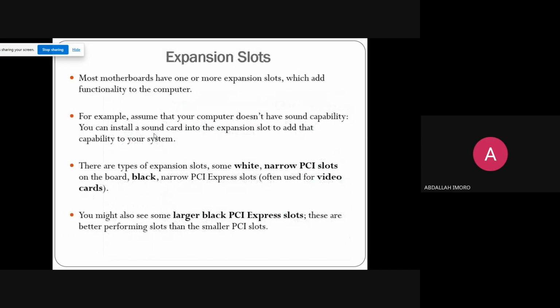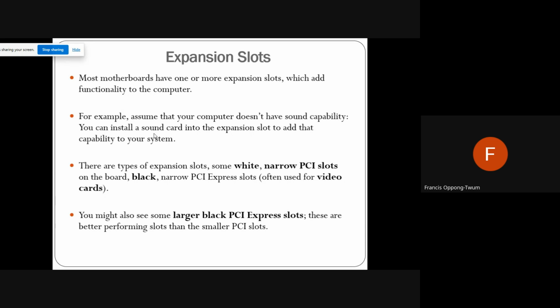Then on top of the motherboard, we also have what we call the expansion slot. You know that most motherboards have one or more expansion slots.